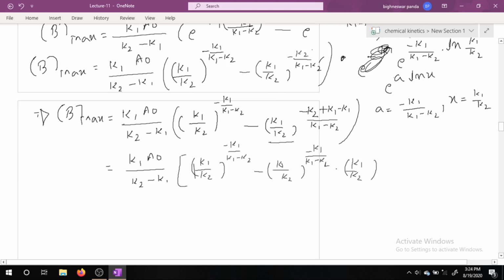K1 by K2 to the power minus K2 plus K1 minus K1 by K1 minus K2, that means K1 by K2 I can simply write as K1 by K2 to the power minus K2 divided by K1 minus K2, into K1 by K2 to the power K1 minus K2 divided by K1 minus K2. So here K1 by K2 minus K1 by K1 minus K2 into K1 by K2 to the power 1.